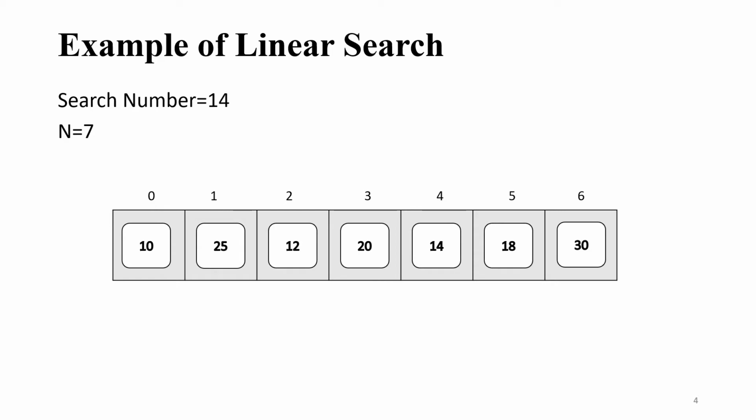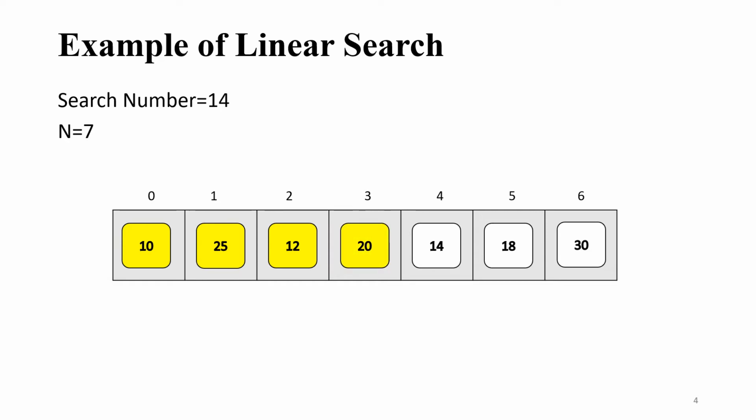So we first compare the element from the 0th position. So 10 is not equal to 14, so we move to the next index. 25 is also not equal to 14, so we move to the next element. 12 is also not equal to 14, so move to the next index. 20 is also not equal to 14.